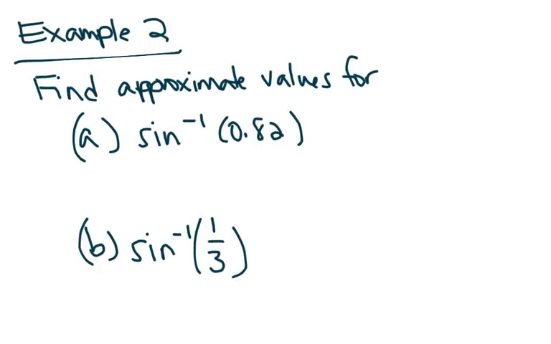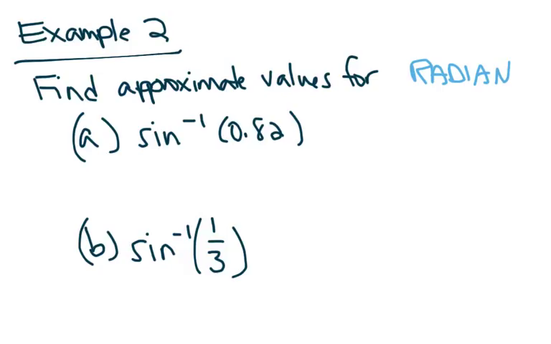In example 2, we're actually going to use our graphing calculator to find some approximate values. Now, we usually need to tell you what mode we're working in. Because we're working with the sine graphs, and the sine graphs we normally graph in radians, make sure that the mode on your calculator is in radians and not degrees.